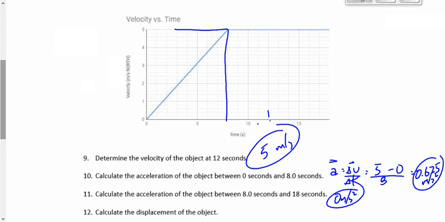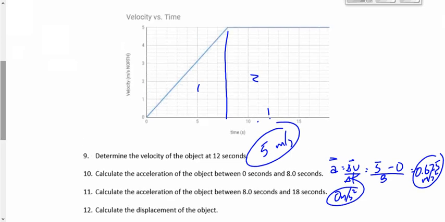The displacement of the object. Okay, we've got a triangle and we've got a rectangle. We'll say area 1 is equal to 1/2 base times height. That's 1/2 of the base. It goes to 8, I think, 5, 6, 7, 8. And the height is 5. That's going to give me 20 meters.